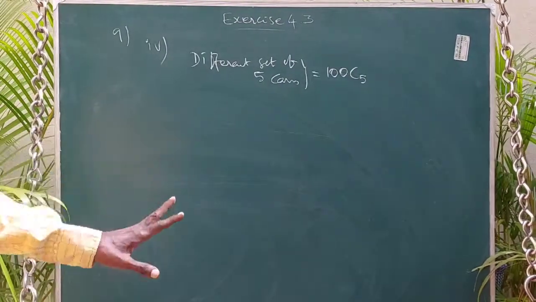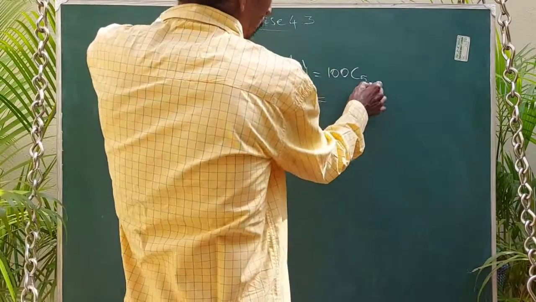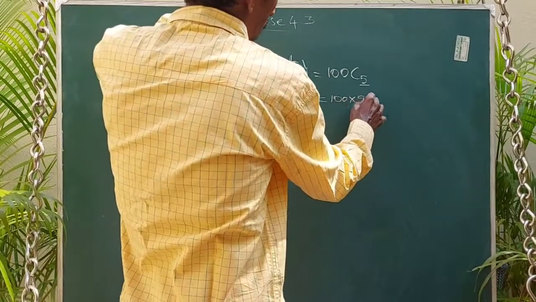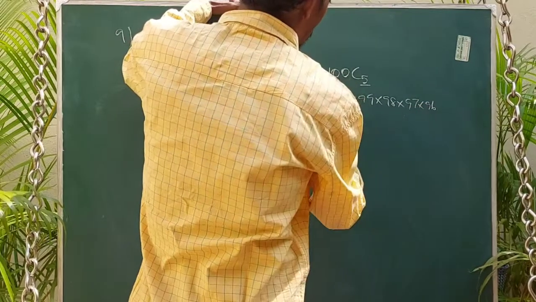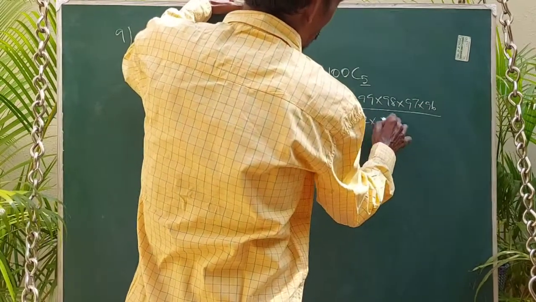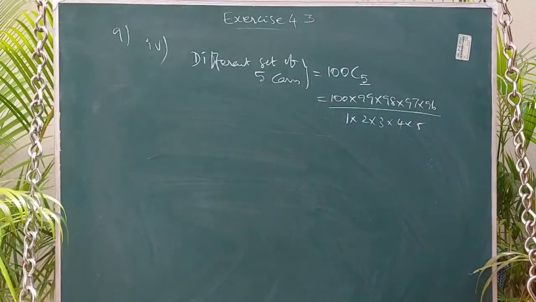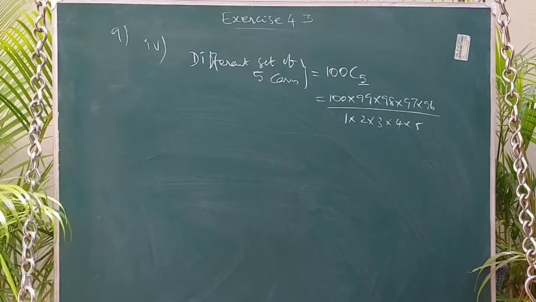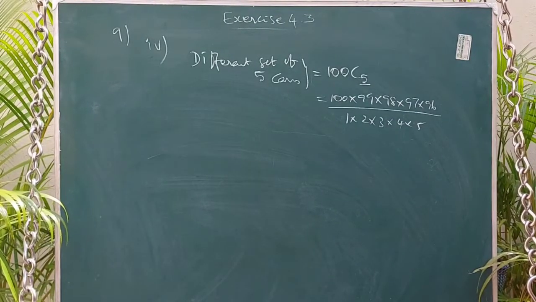In your book they have written simply 100C5. My dear student, if you want you can write 5 as the hint: 100 into 99 into 98 into 97 into 96 by 1 into 2 into 3 into 4 into 5. If you want you can simplify and find the answer. If we simplify, I think we get the answer as 75,287,520, but it is not required. In your book it is simply given as 100C5.